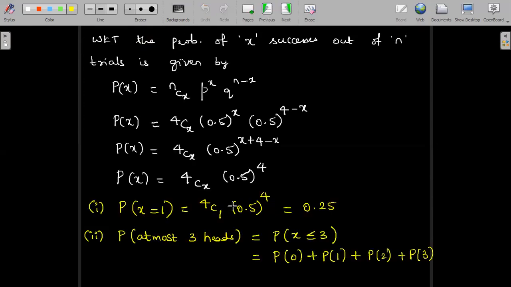So that gives us probability of x less than or equal to 3, at most 3 heads, is equal to, when I say probability of x is equal to 0, that's the first term, no?